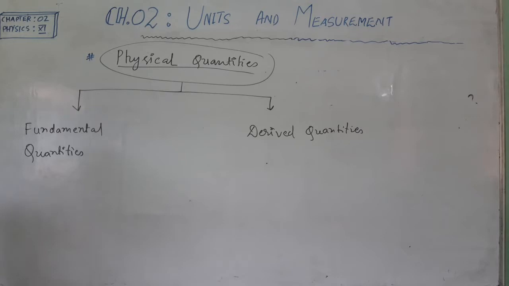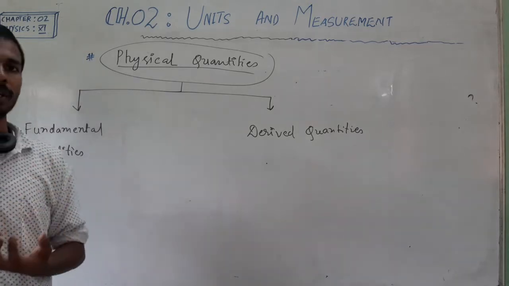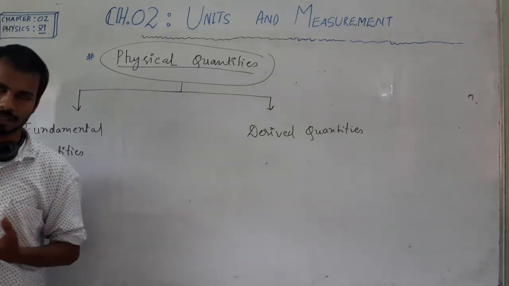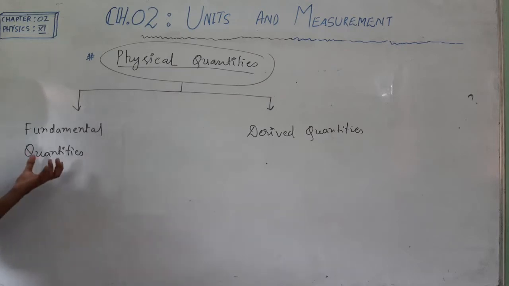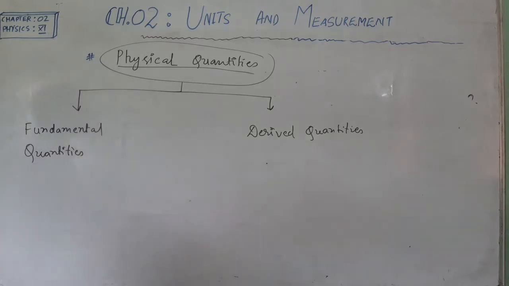The quantities which are independent. They don't depend on other quantities. Okay. Means the quantities which are independent and they don't depend on other physical quantity. Clear?